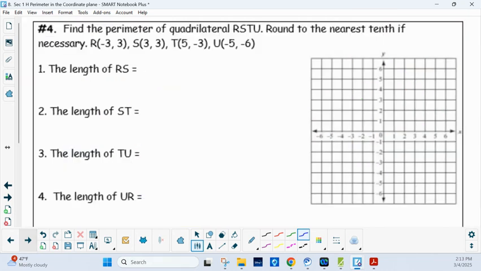Let's just do this last one with the Pythagorean theorem. So -3, 3. If you're using the Pythagorean theorem, you probably don't need to label anything. 3, 5, -3, and -5, -6. So connect those. What side can we get right now?